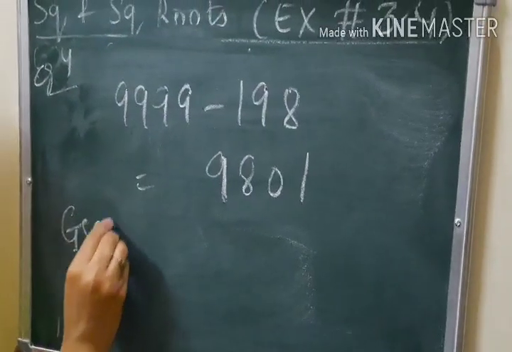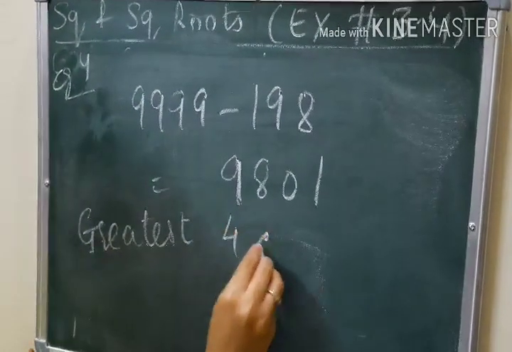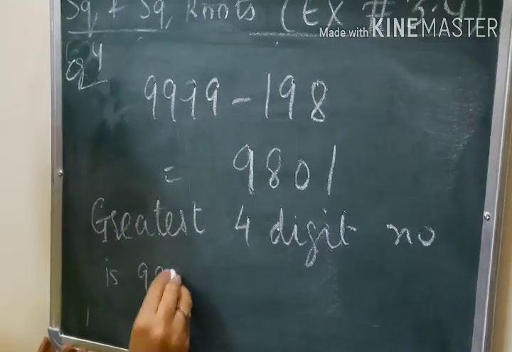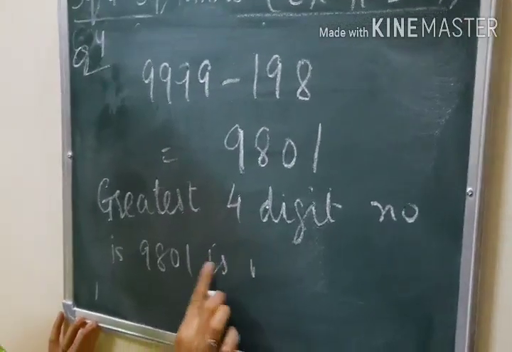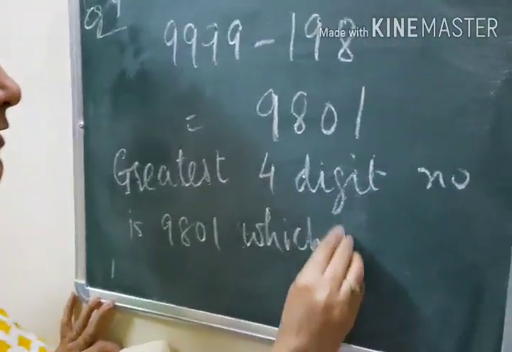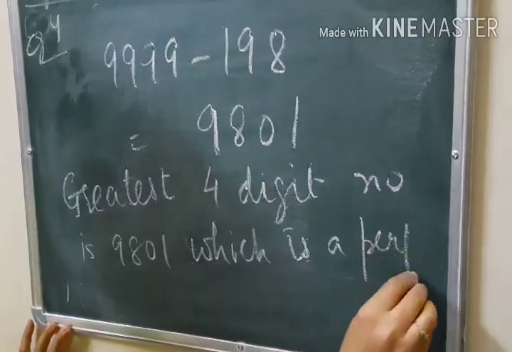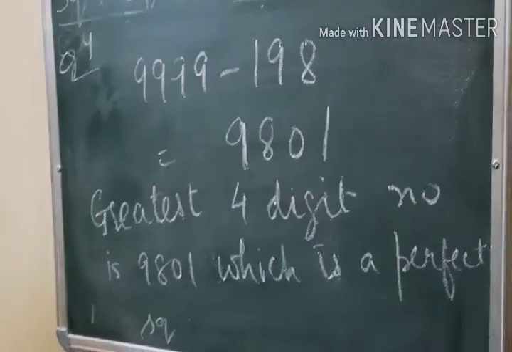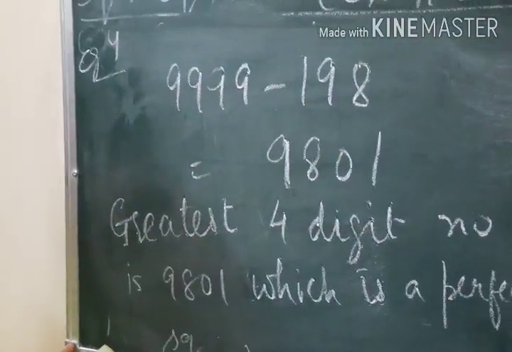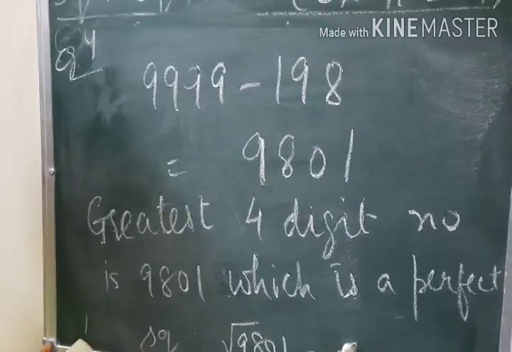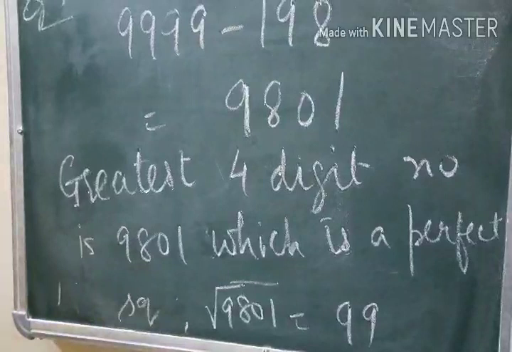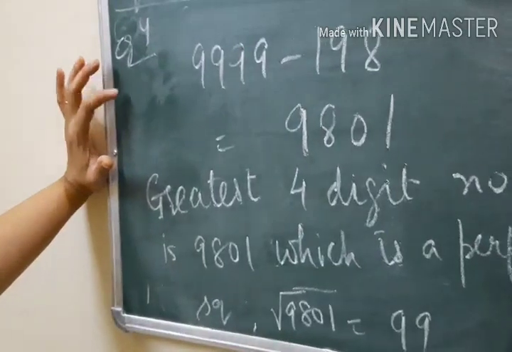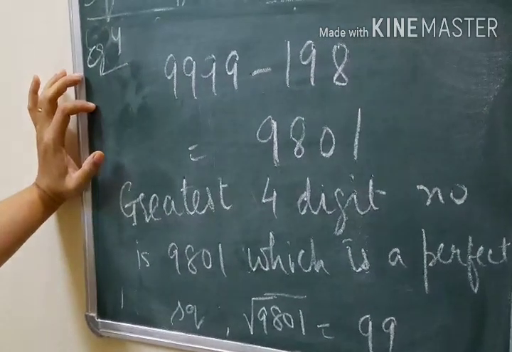So greatest 4-digit number is 9801, which is a perfect square, right? And this will be a perfect square of which number? What number did we get here? We get 99. So it is the square of 99. So square root of 9801 will be 99. Right? So these two word problems are related to the question of subtraction.